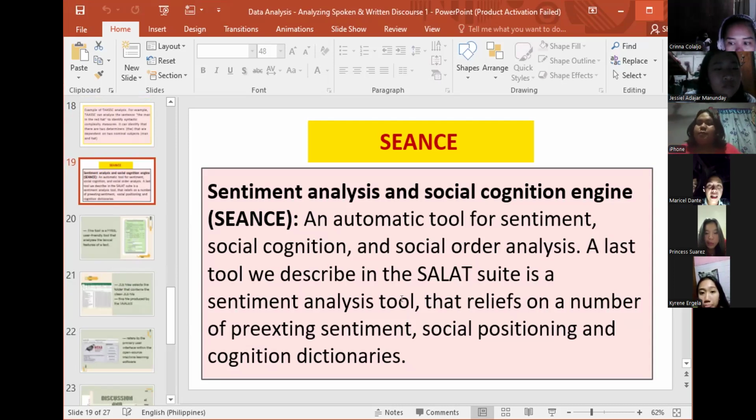SEANCE is an automatic social analysis tool, the last tool described, and it contains a number of pre-developed words.